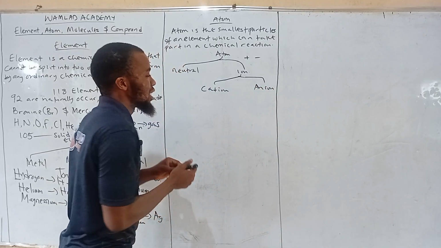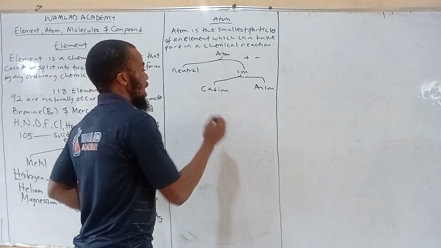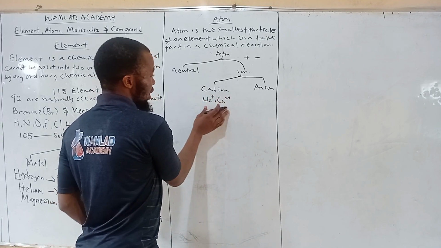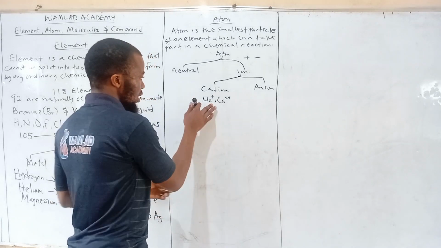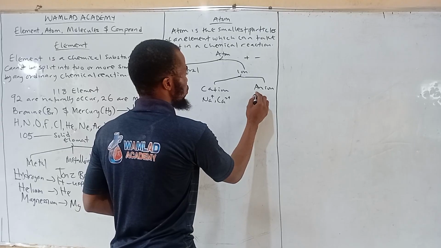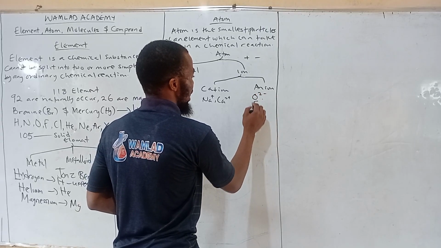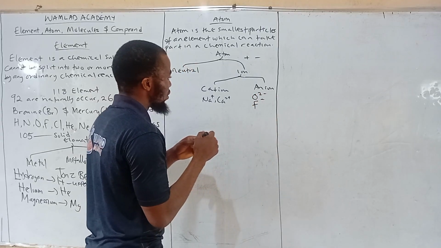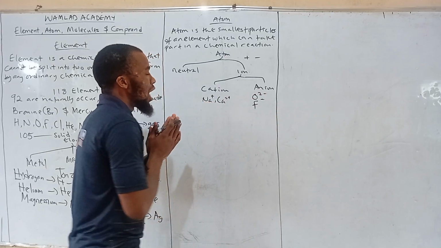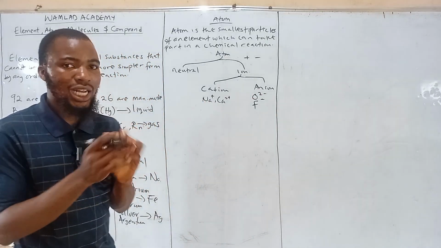Any atom that carries a plus charge, like Na plus or Ca2 plus, is a cation. For anions, you have O2 minus and F minus. All these atoms carry charges, plus or minus, and they are called ions.